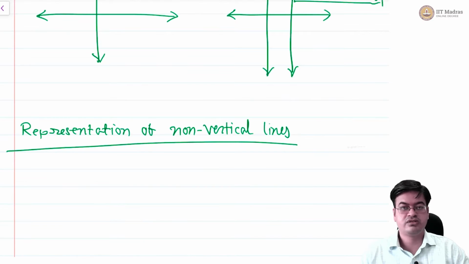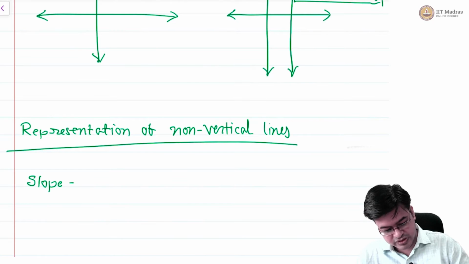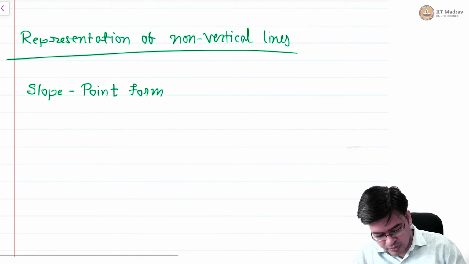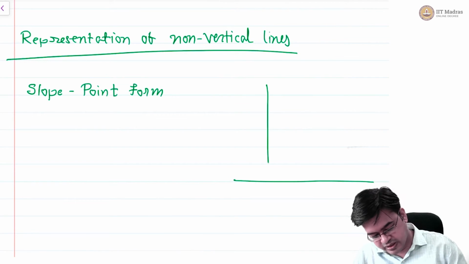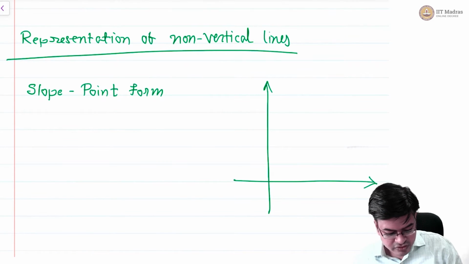So we need the slope of a line and a point on which the line lies, and based on that we can derive an equation of a line which is called the slope point form. So when you are given a slope of a line and you are asked to calculate the equation of a line, you need at least one point on that line, so that we can characterize the line uniquely.